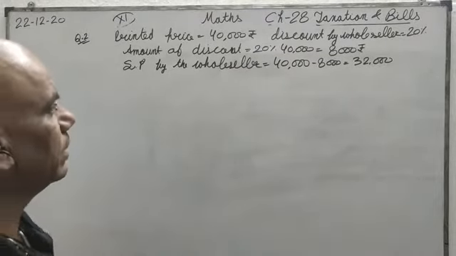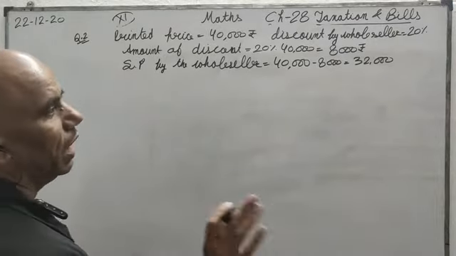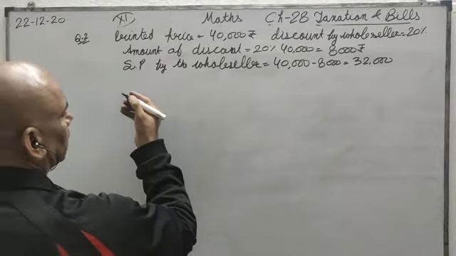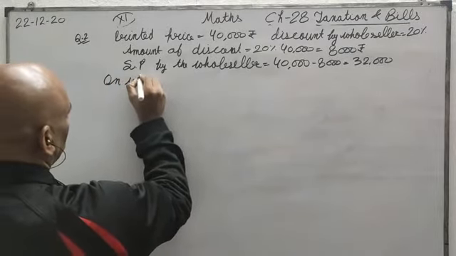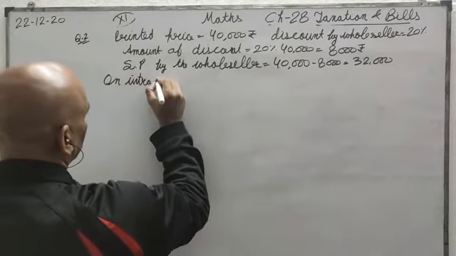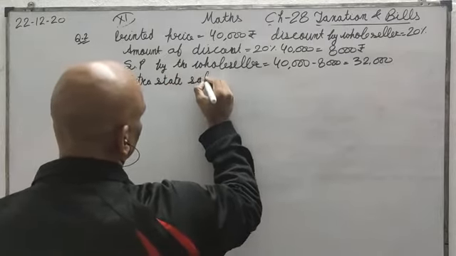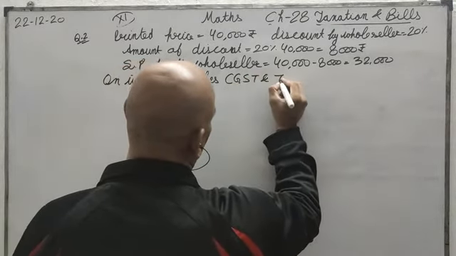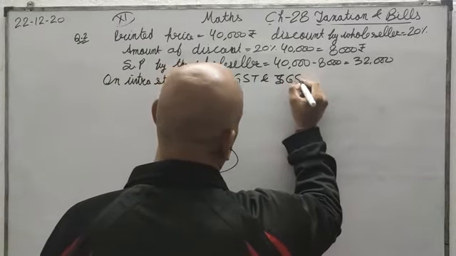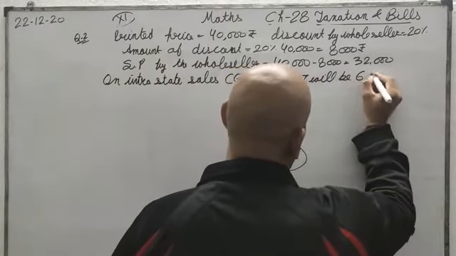Since intrastate transaction, so GST is SGST and CGST and equally divided 6% each. On intrastate sales, CGST and SGST will be 6% each.